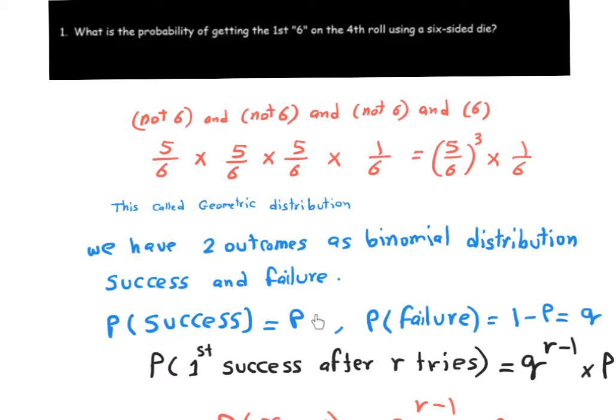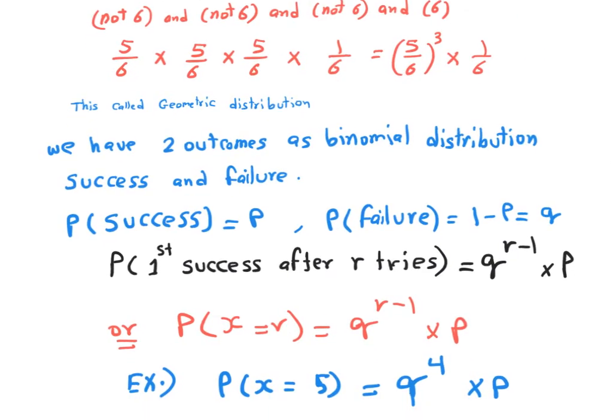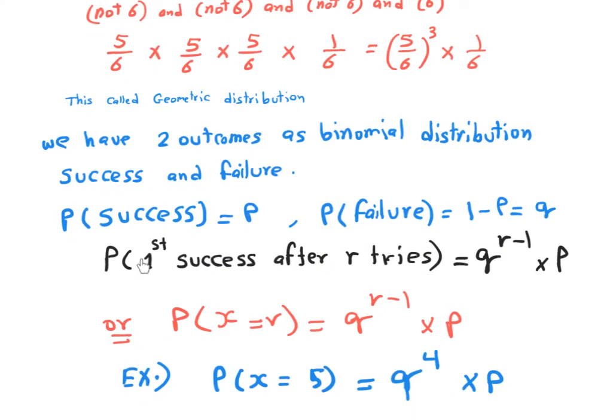Probability of success we'll call P. Probability of failure will be 1 minus P, which is Q. The main rule for geometric distribution: probability of the first success after R tries equals Q to the power R minus 1, because we fail R minus 1 times. Then at the last one, probability of P.